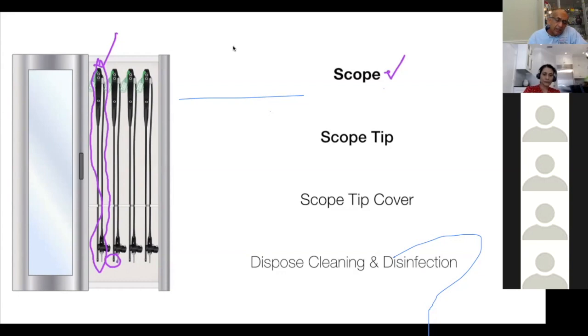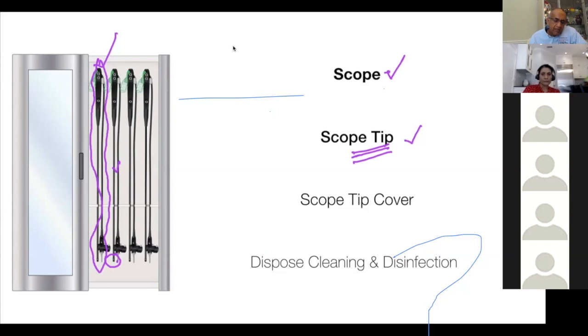You still need to design new scopes with the new tips and then throw away the tip. That's the second concept, the scope tip. I believe all the major manufacturers of ERCP scopes have a design for this, or some are in production and already available in some countries.